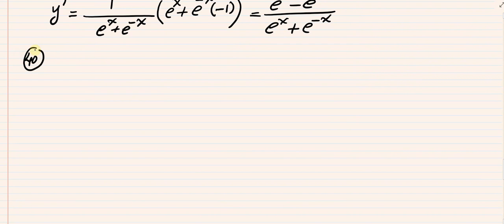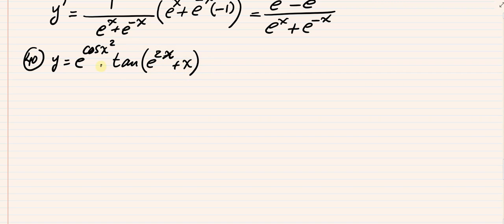In exercise number 40, y is equal to e to cosine of x squared times tan of e to 2x plus x. So we're going to apply the product rule again, right? Therefore, y prime would be derivative of first. E to anything is itself, e to that thing, times, now derivative of cosine x squared.